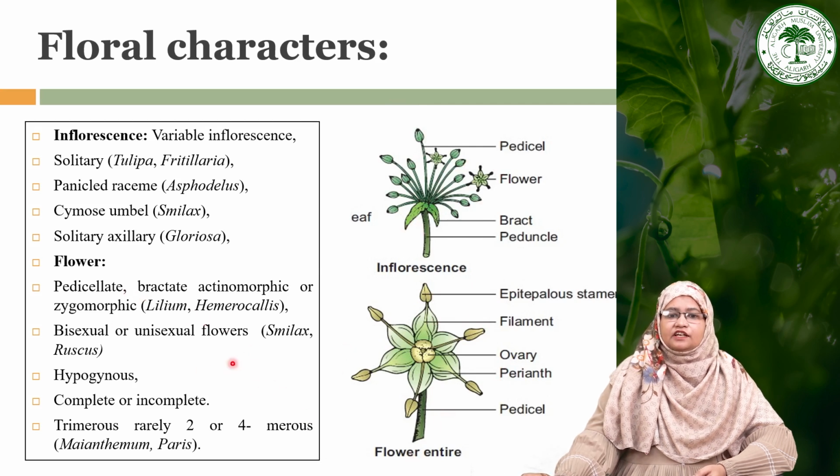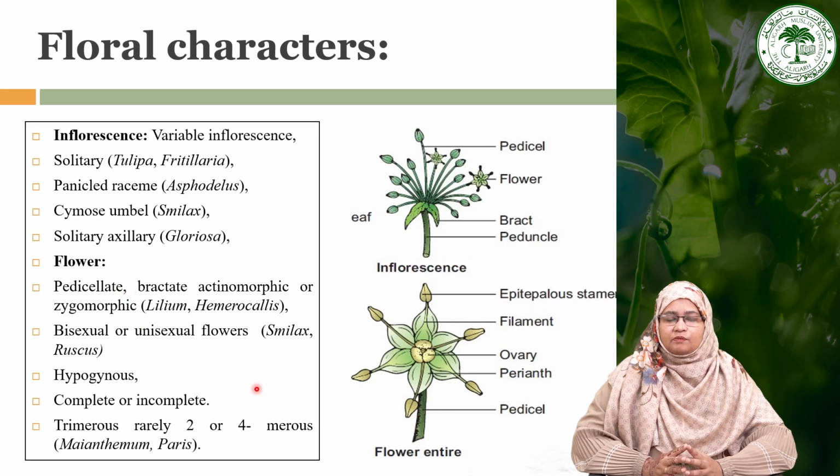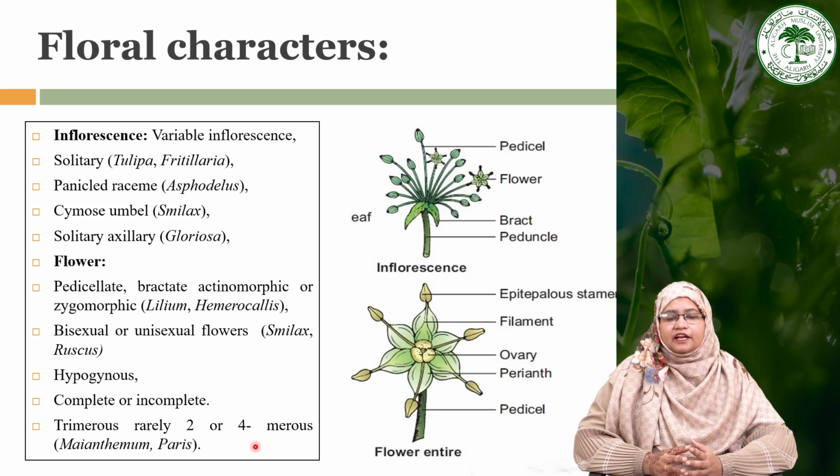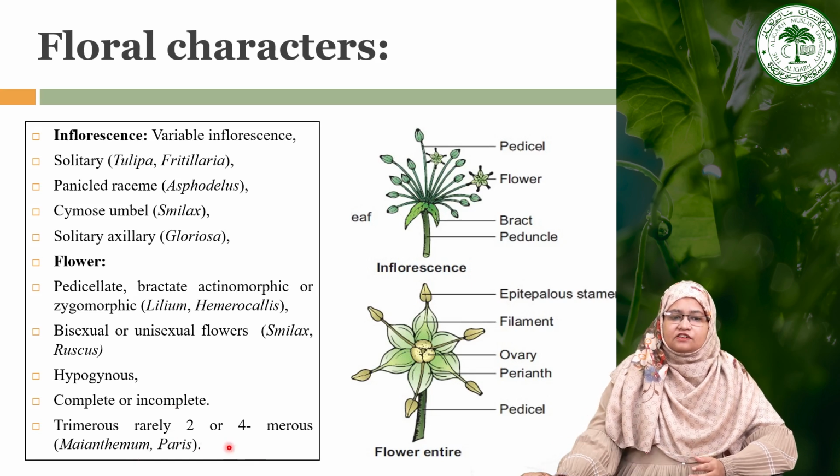They are pedicellate, bracteate, actinomorphic in general, sometimes zygomorphic as in Lilium and Hemerocallis, bisexual or maybe unisexual as in Smilax and Ruscus, hypogynous, complete or incomplete. In general they are trimerous, but sometimes they are bi- or tetramerous also, as in Maianthemum and Paris.